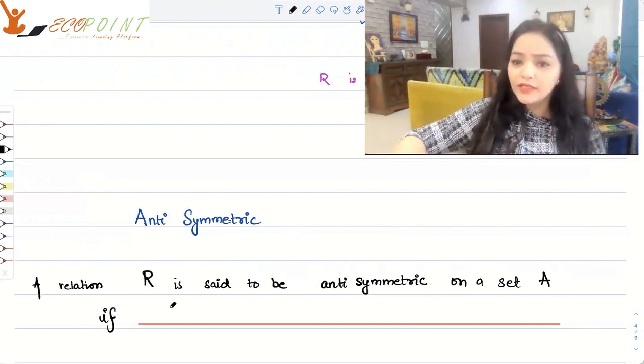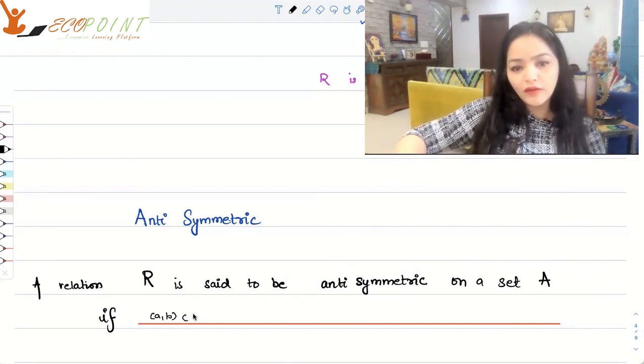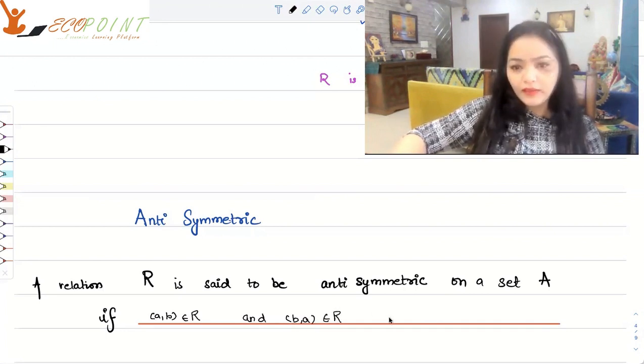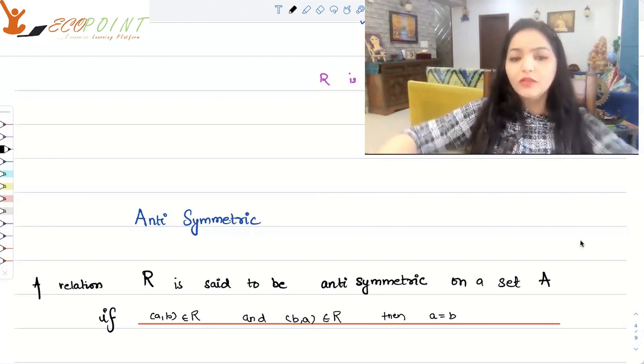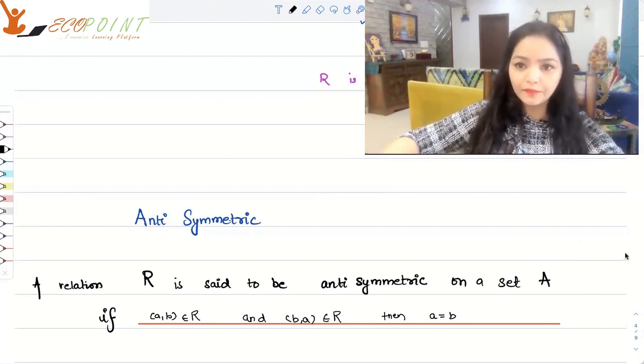R is said to be antisymmetric on a set A if (a,b) belongs to R and (b,a) belongs to R, then a should be equal to b. So antisymmetric is basically saying that in case (a,b) belongs to R, a is related to b, b can be related to a only when a is equal to b, not otherwise.